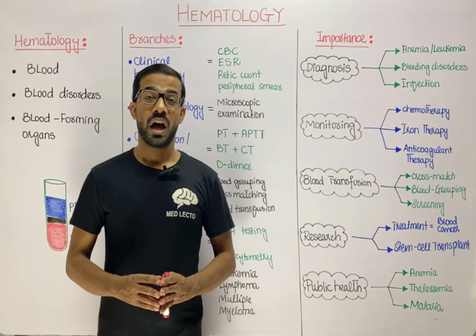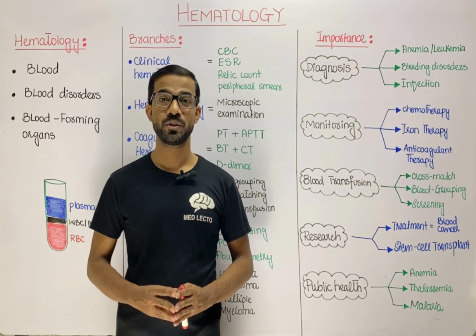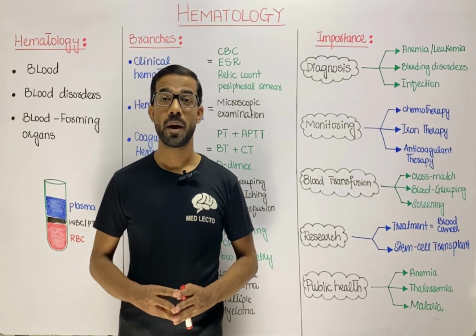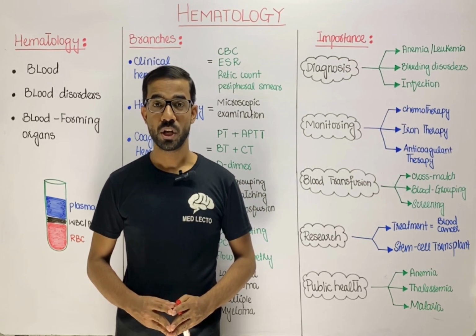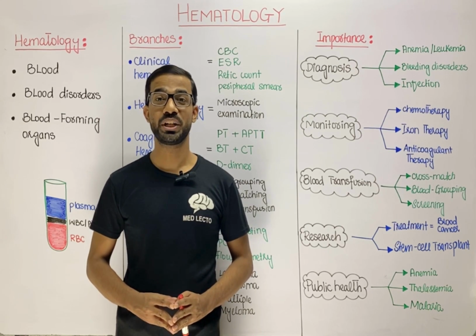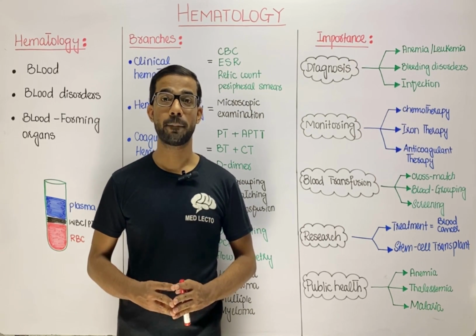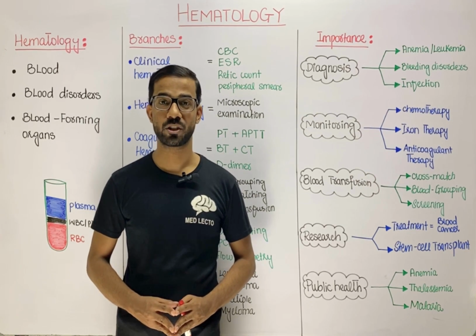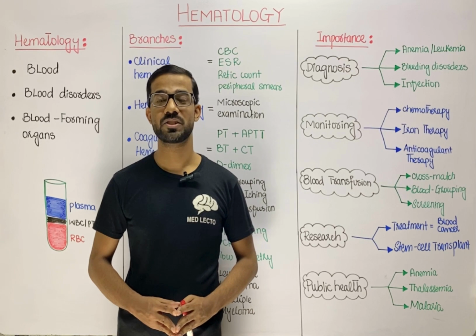So after this lecture, you will be able to understand how important blood is in your body. Just by doing tests on the blood, you can know the different conditions of the body, and you can easily make a diagnosis by doing some blood-related tests.